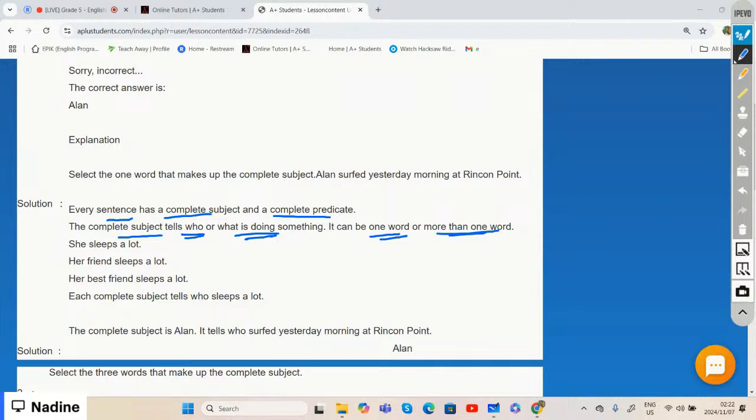And we identified our completed subject and we said she is a complete subject. Her friend is a complete subject. Her best friend is a complete subject. And she, her friend, and her best friend, all of them, the complete subject tells us who sleeps a lot.